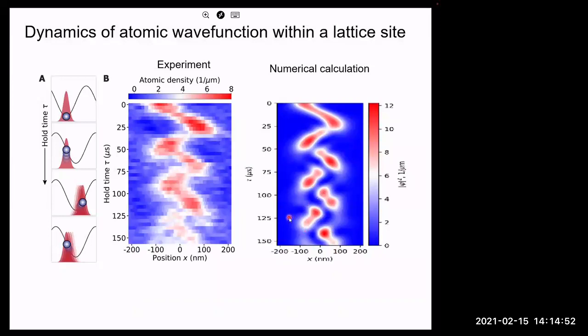In the simulation, there's no dissipation. We just evolve Schrödinger's equation with one particle that is localized to begin with. So why do we have such weird behavior? And you can see there's some structure that resembles what we see from the experiment.